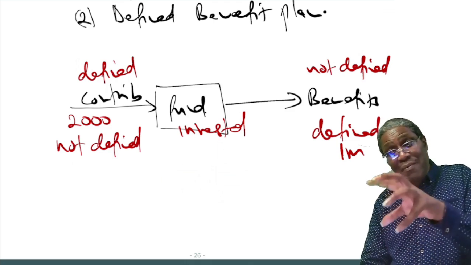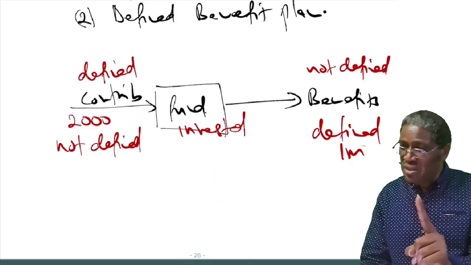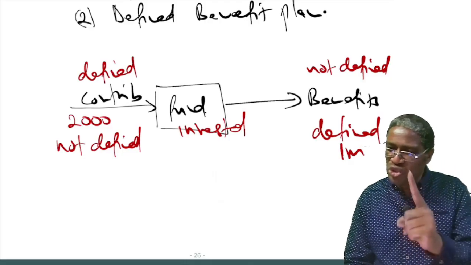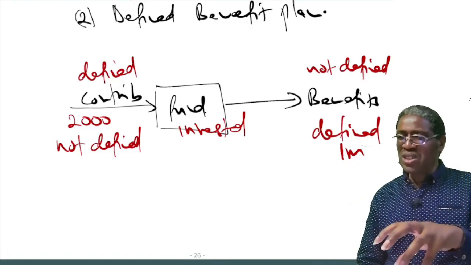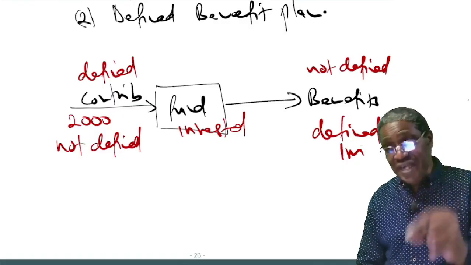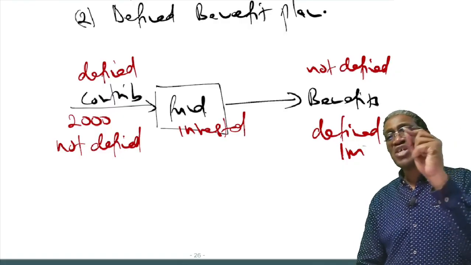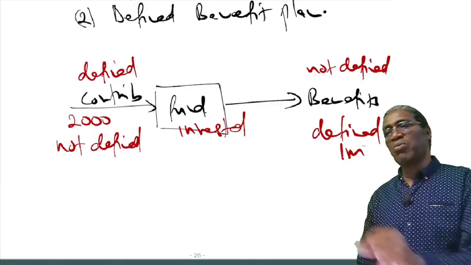We are saying the amount of contribution is not known in advance. Listen, that amount of contribution should be set at such an amount that is expected to earn enough return to meet the obligation.